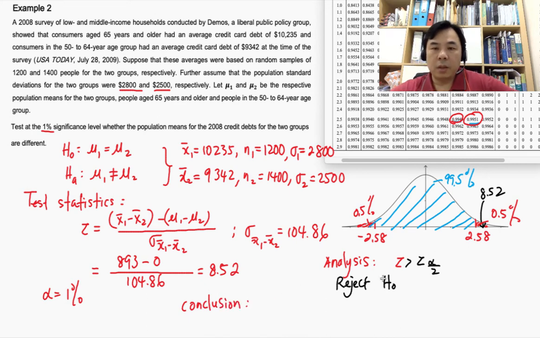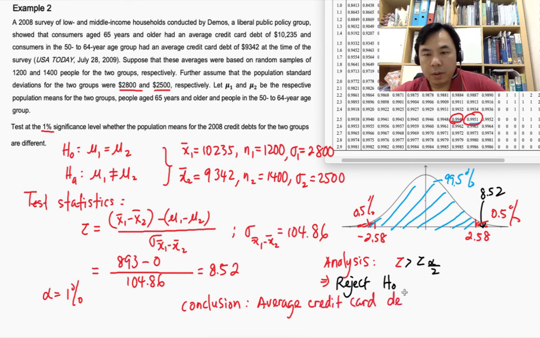Therefore, we can say that by rejecting the null, the average credit card debt between the two groups are different.